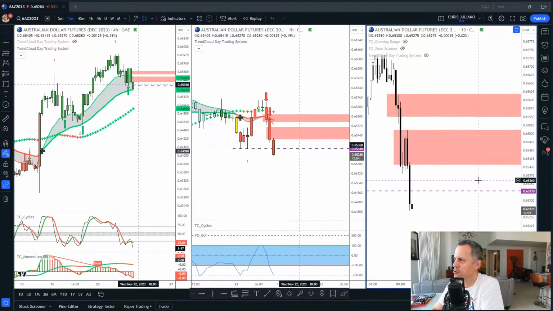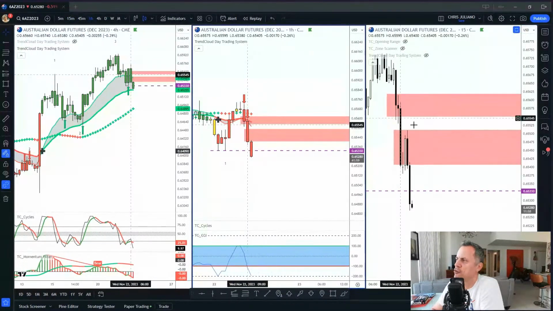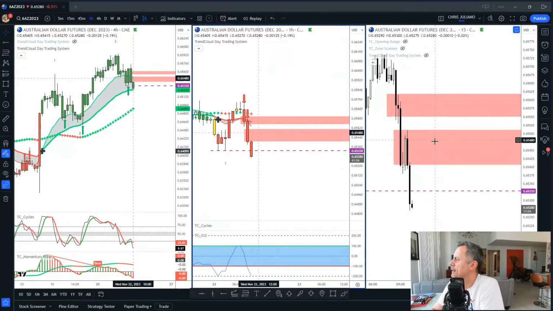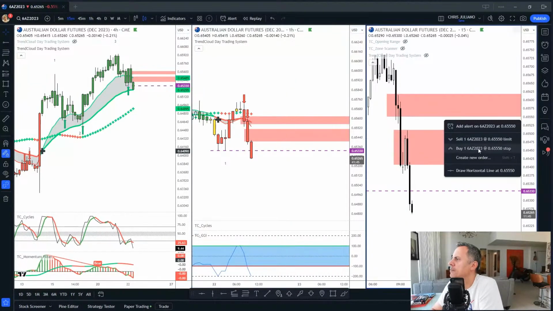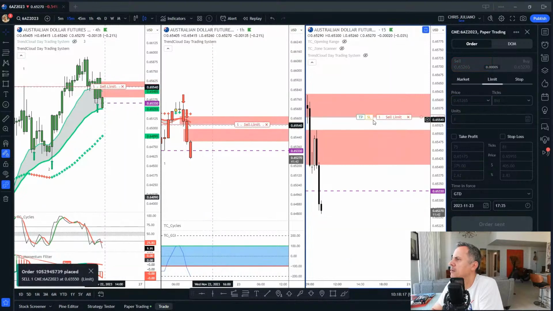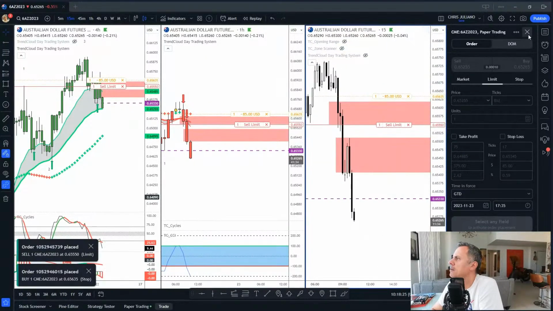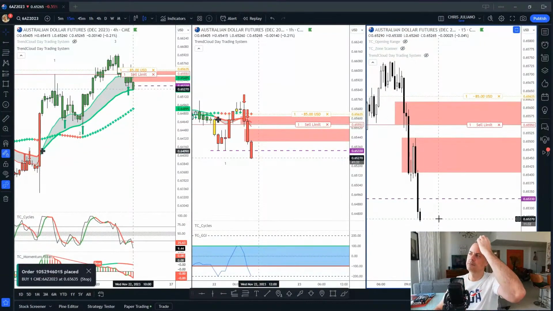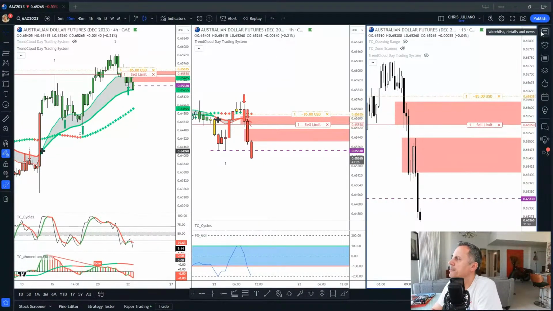We don't know which ones it's going to hit. You'd have to take a chance on just one, or take both, depending on your account size. So let's just go for the top one here. Sell. There we go. I like that. Let's move forward.